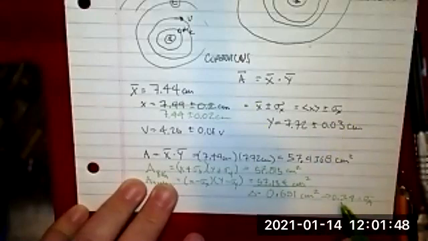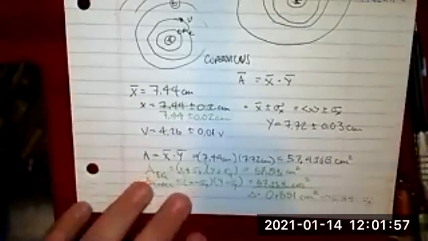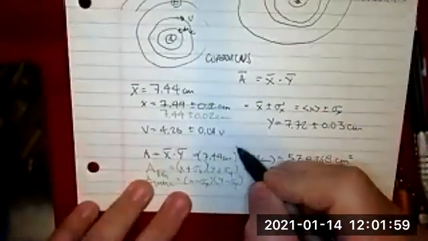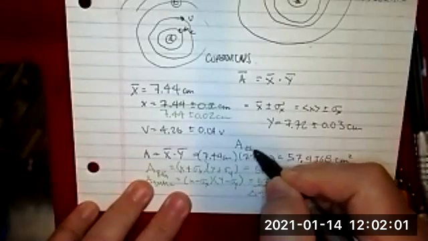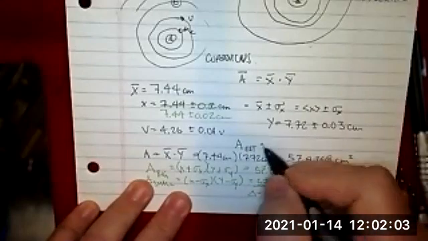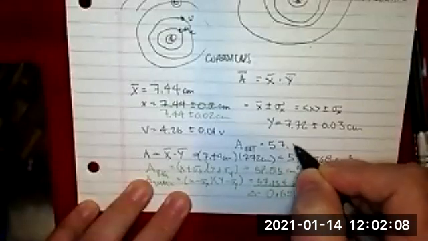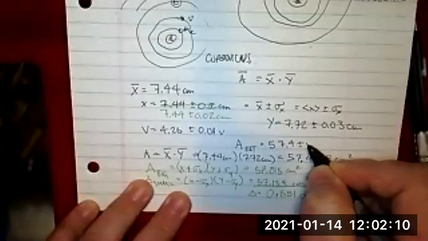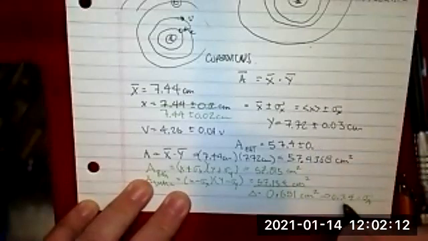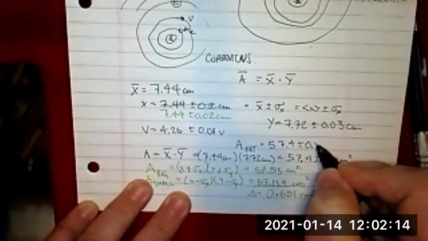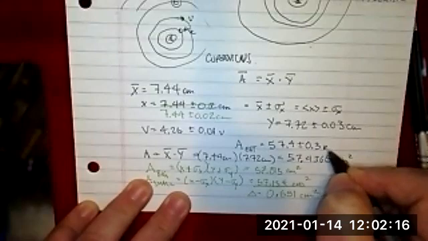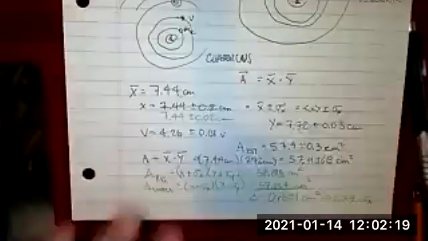So I'm going to say we're uncertain about the tenth decimal place by 3 because that's half of this. So what I'm going to do is now report that the actual A value, my A estimate, is supposed to be 57.4 plus or minus 0.3 centimeters squared.